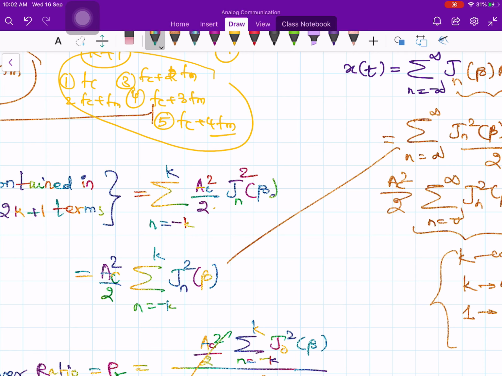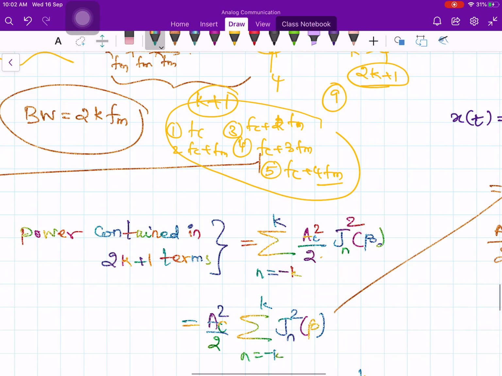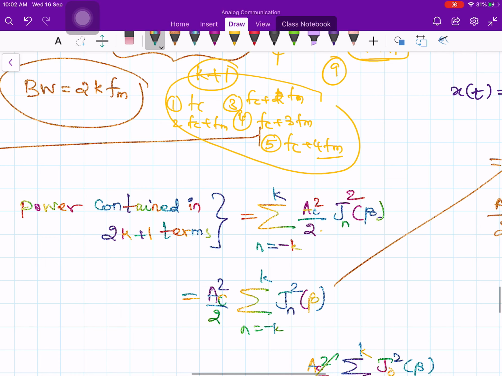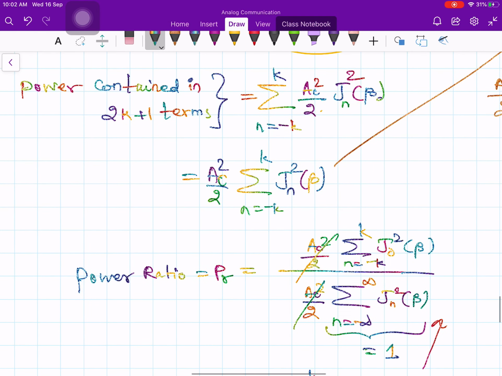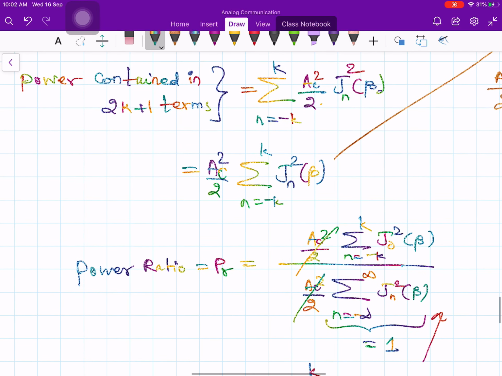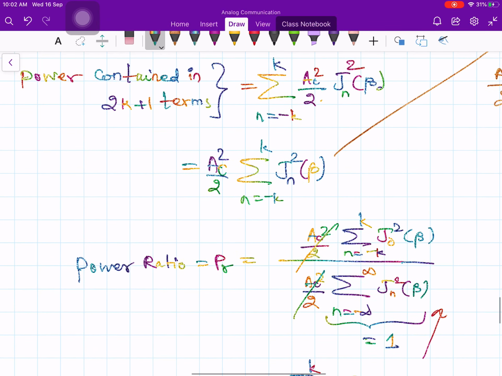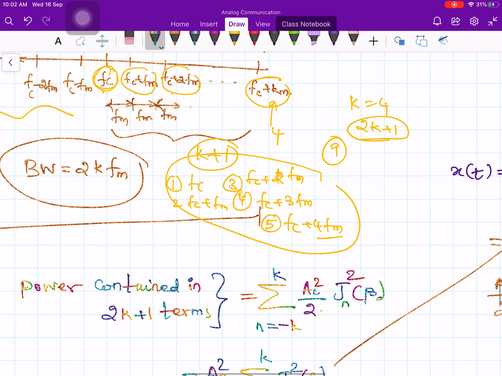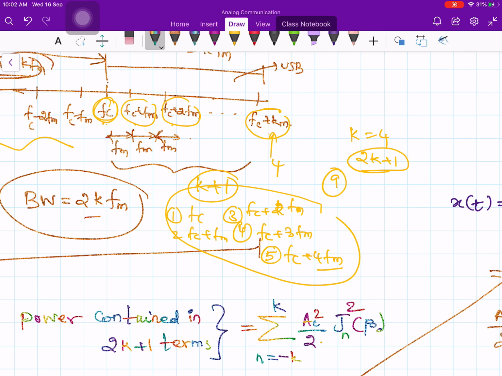Can you tell me from the figure? If you consider k number of side bands, what is the bandwidth? Just now we calculated it: it is 2k times fm.